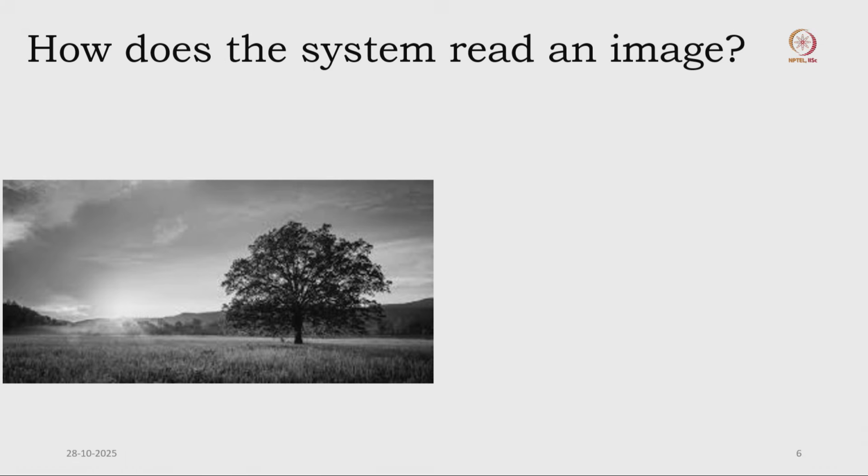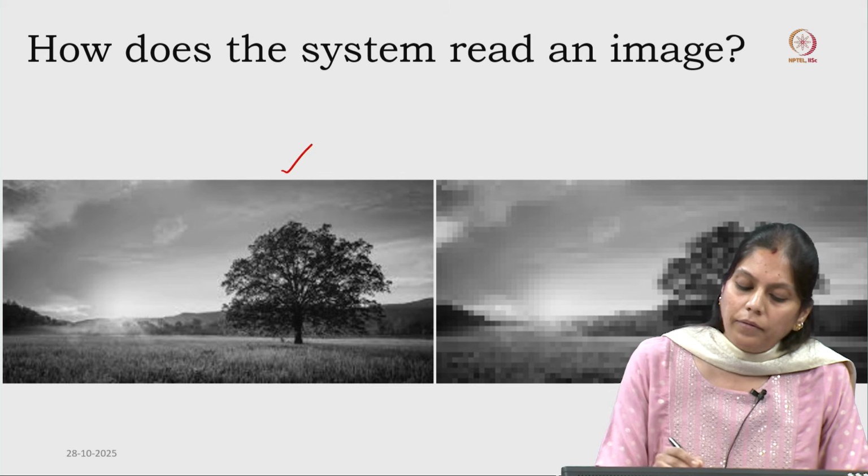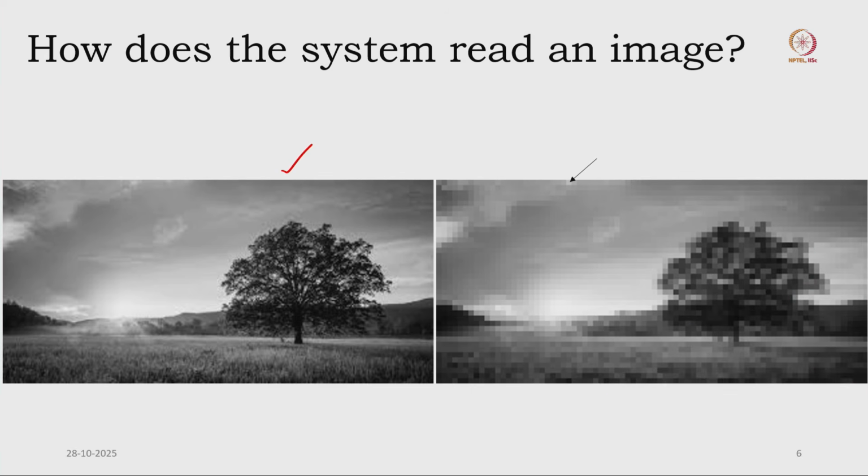Now before we go into the details, let us understand how does the system actually read an image. When you look into this particular image, and when we closely observe, this image will have the collections of small boxes. If you look into, we have many such small boxes, and what exactly is each of these box called?